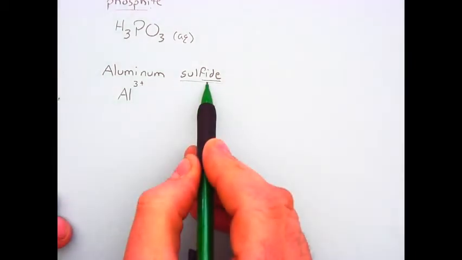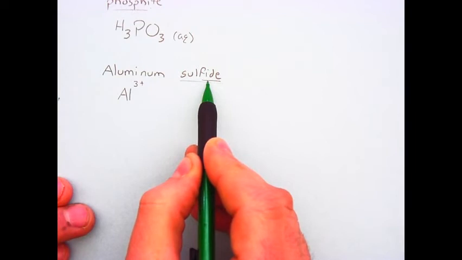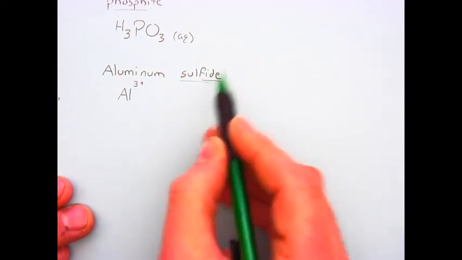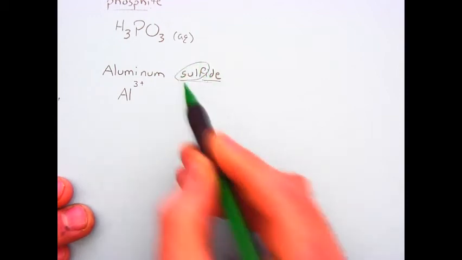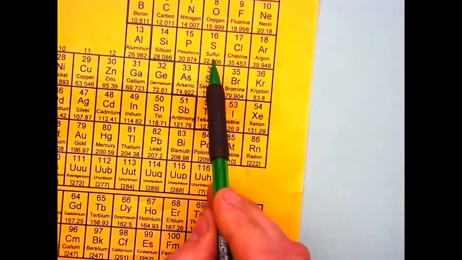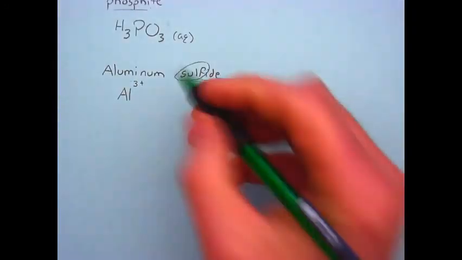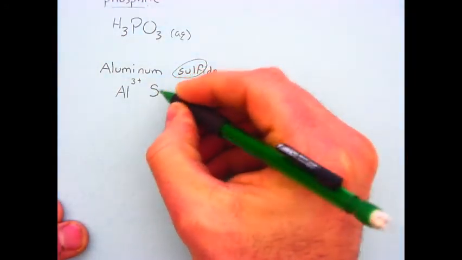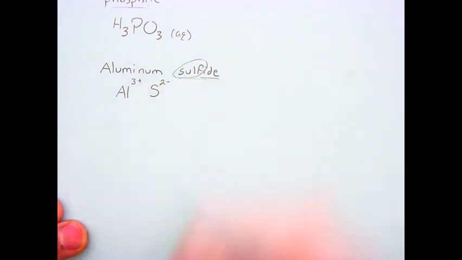This has none of them, so this has to be a monoatomic anion. So what element begins with sulf? I'll look on our periodic table, and we see that it is sulfur. We also see that its symbol is S, and it is in column 16, so it has a -2 charge.